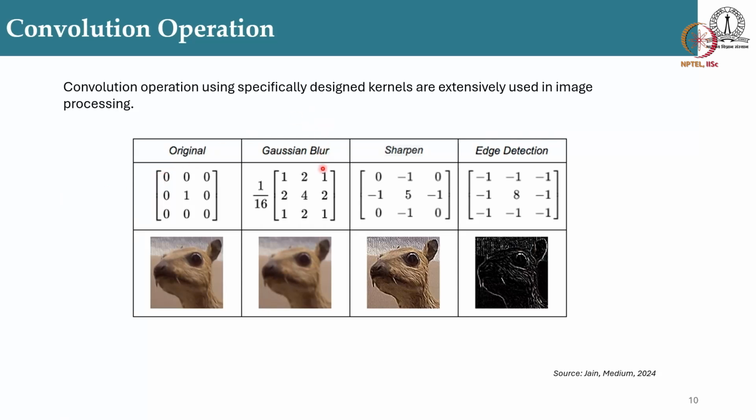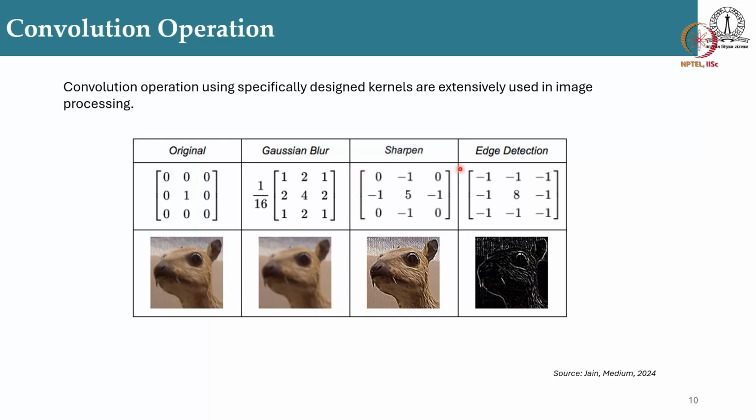You can also have the weights such that the center has the highest value, and as you move away from the center of the blur kernel, the value decreases. In this case it is done so that it matches the Gaussian blur kernel that we discussed earlier. In the same functional form, you can extrapolate and get these values, and you can see that the image looks slightly blurred. This is the original image, and here it looks blurred.